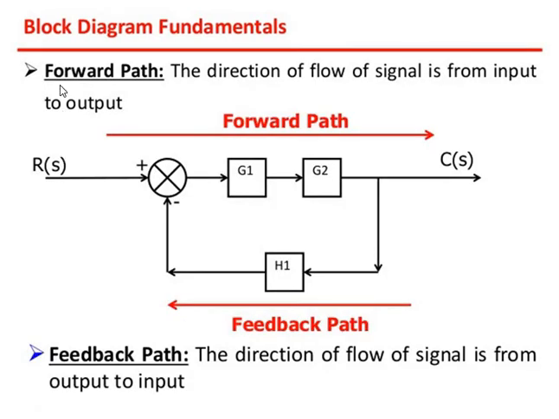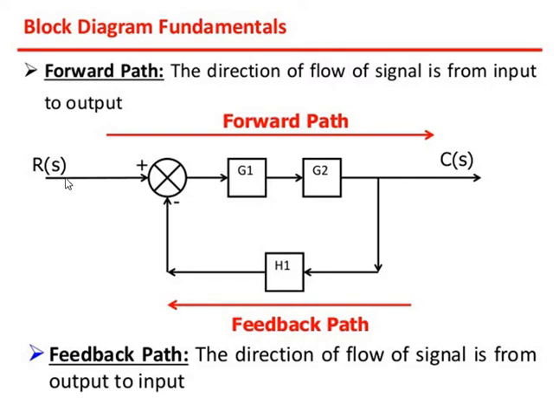Now what is the forward path? The direction of flow of signal is from input to output. That means if the signal flows from input to output, this path is known as the forward path. Here R(s) is input and C(s) is output. Here the arrowhead indicates that the signal flows in this direction.